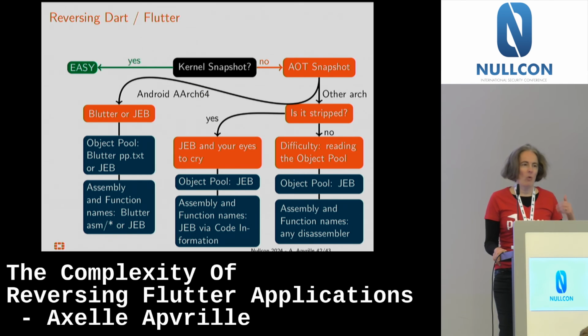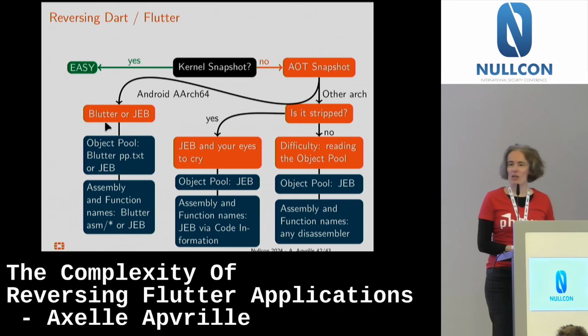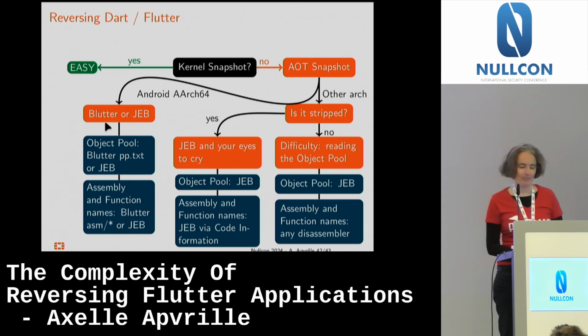To conclude, whenever you get an executable for Flutter, so if you get a kernel snapshot, be happy, because you don't have anything to do, basically. It's very easy. If you have an AOT snapshot, well, if it's ARM64, I suggest you try Flutter, because it will probably help you out very much.